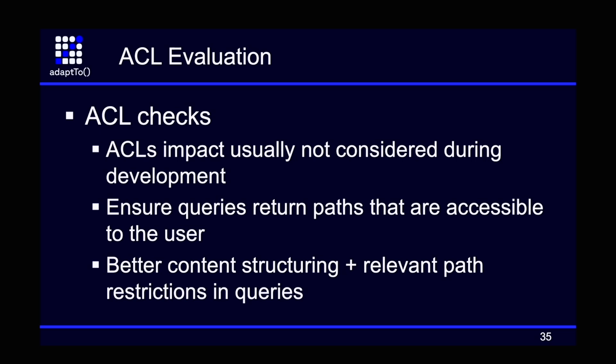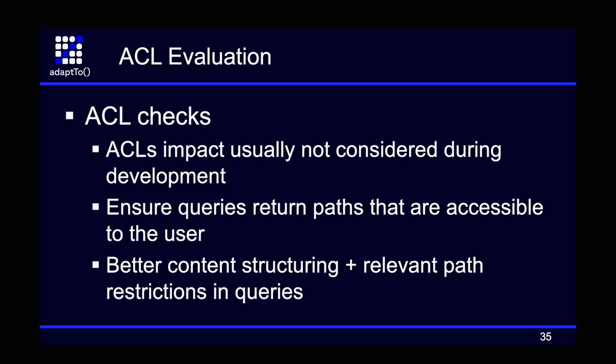The next problem that we face is in cases where, as I mentioned previously, ACL evaluation happens outside of your query and indexing, so the results have to be filtered out at a later stage once you get all of them. So these kinds of problems can happen at a later stage. Even when your index is optimal and your query is optimal, your query is still slow.